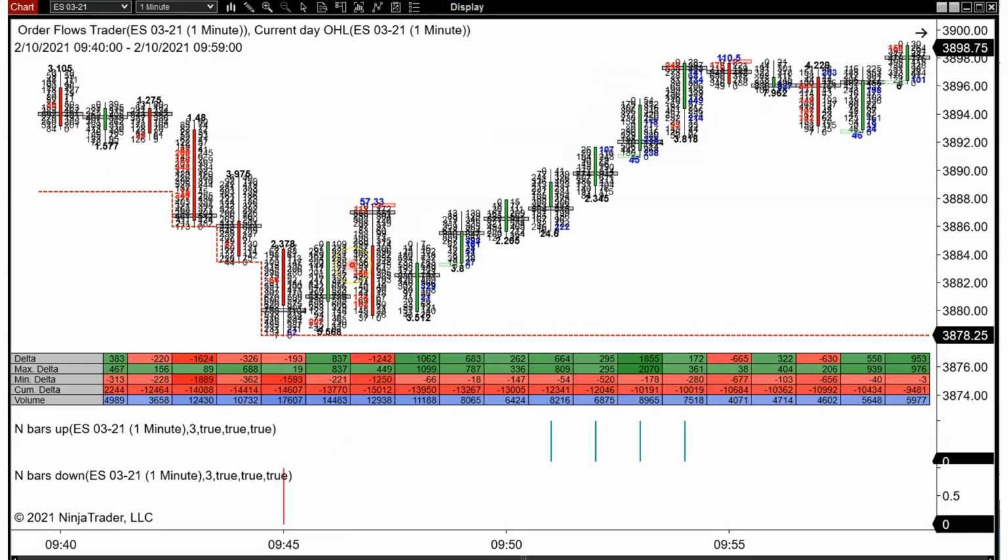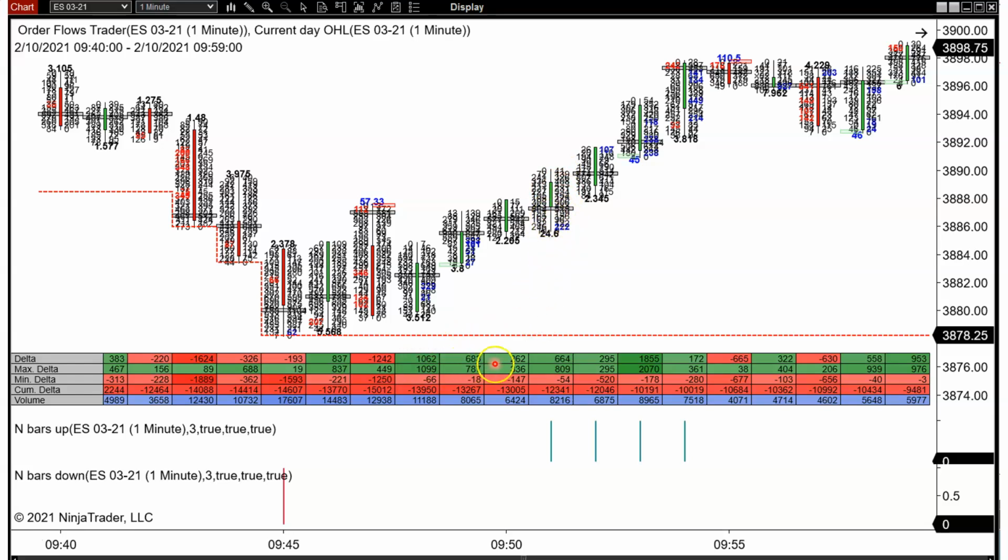But if you're looking at the order flow, take into account what's happening as you're coming down: negative delta, then smaller negative delta, even smaller negative delta. What's happening? This move is getting weak, right? Then it starts going up. You got your 3 bars up. What do you see?